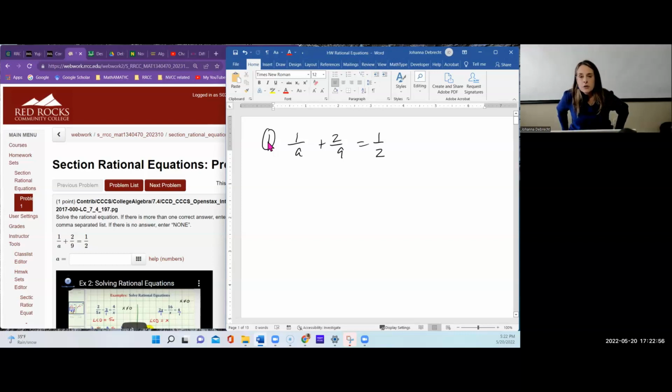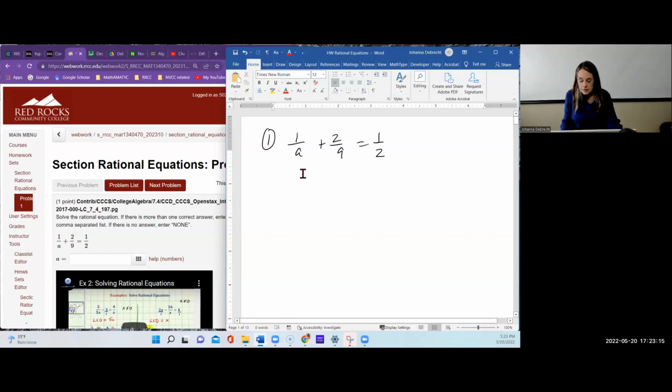This is a rational equation because we have the ratio of two things represented inside of an equation. We have an equals and something on both sides, and we've got fractions. That's what a rational equation is. Notice that we also have the variable in the denominator.